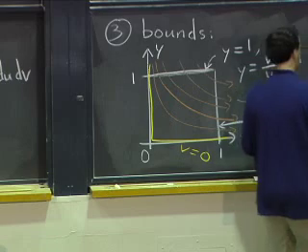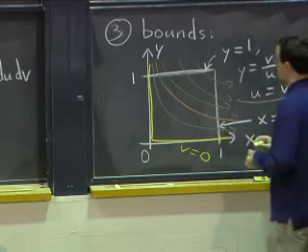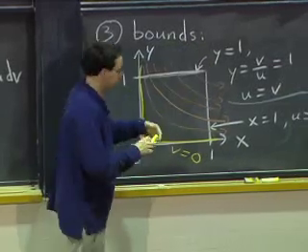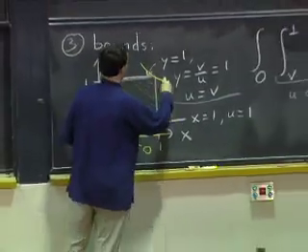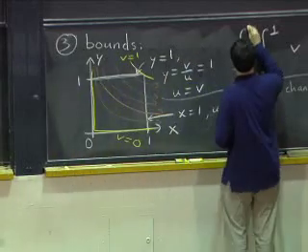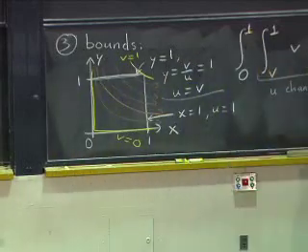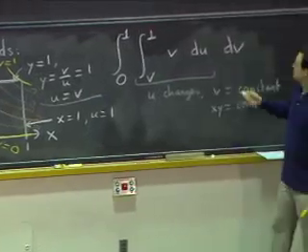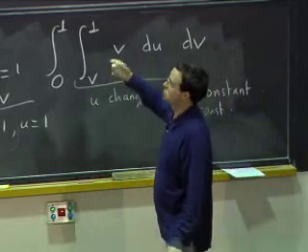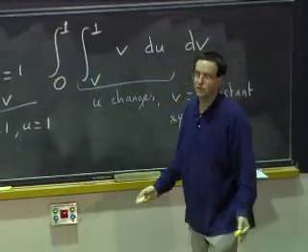So we'll start at v equals 0. And what's the last hyperbola we want to look at? Well, it's the one that's right there in the corner. It's this one here, and that's v equals 1. So v goes from 0 to 1. And now we can compute this. I mean, it's not particularly easier than that one, but it's not harder either.